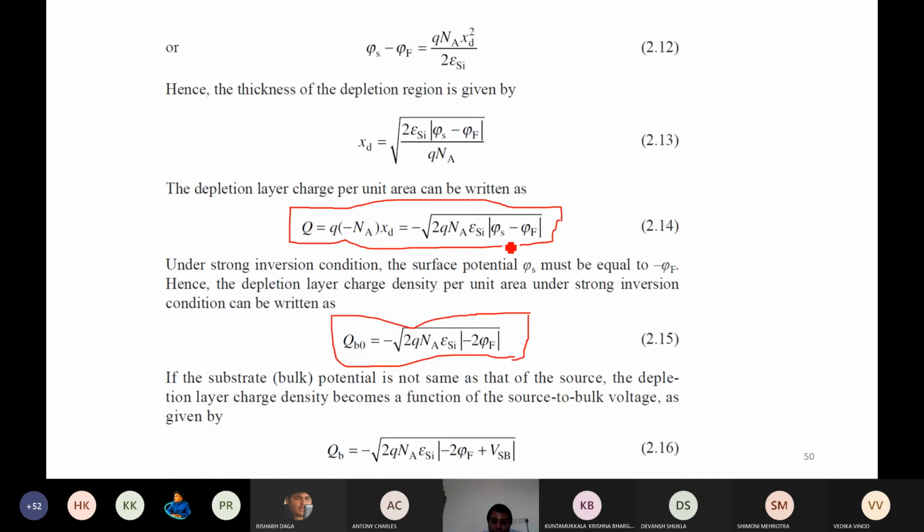So here minus 2 phi f is not the only term; another term VSB, the source to bulk voltage, also comes into the picture in this calculation. So this QB is calculated with the help of this equation. This equation is basically modified. Body voltage is also added in this term. Then we can move forward.